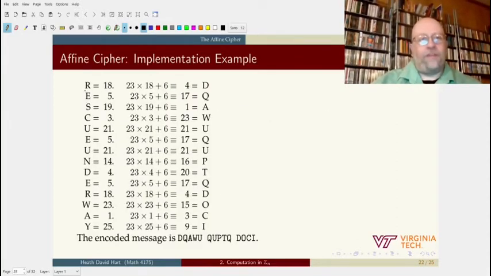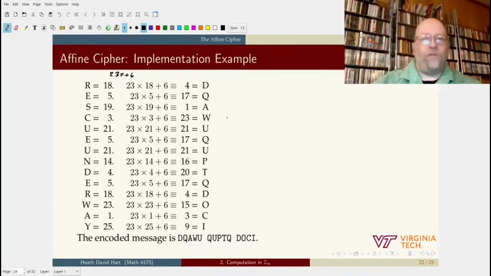So she takes the message, "Rescue underway," converts every letter into a number, and then calculates 23X plus 6 for each letter. In almost every case, this is going to end up being an overflow. This is going to be bigger than 26. And so she's going to have to subtract multiples of 26 to get these back down to something that's between 0 and 26. When she does that, these are the values that she gets.